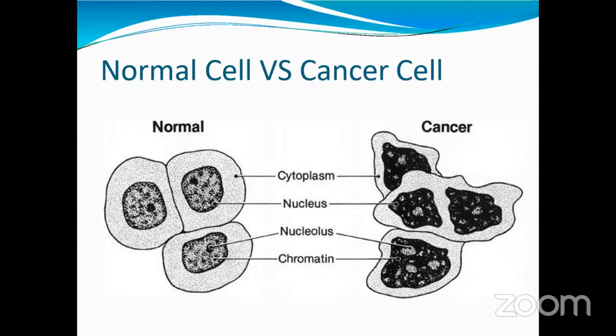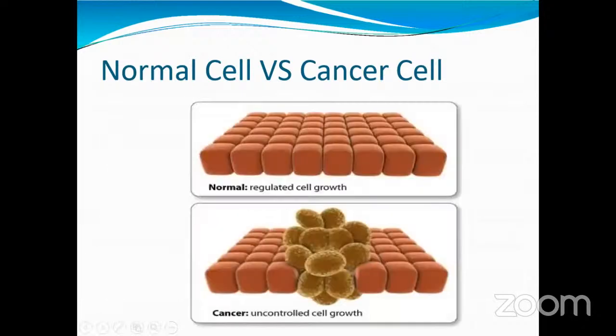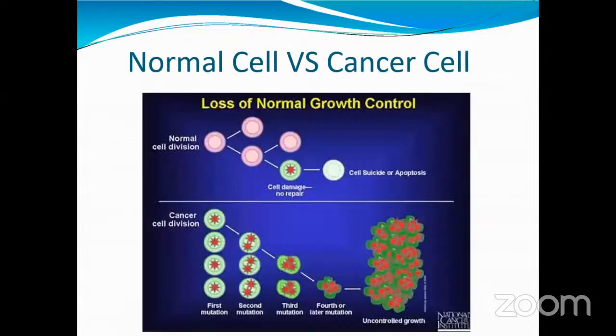The nucleolus also differs, and chromatin content also differs. Regulated cell growth is very much organized, whereas in cancer cells you can see unorganized growth and outgrowth. This is the loss of normal growth control.